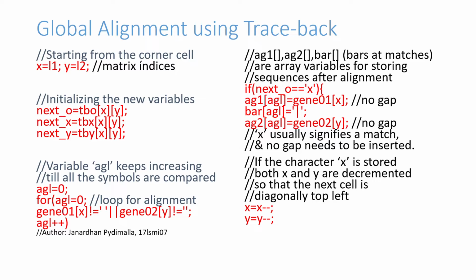AG1, AG2, and bar are the array variables for storing sequences after alignment. Bar is an additional array variable I used for putting bars where I have matches, and where a gap was not introduced in the sequences.